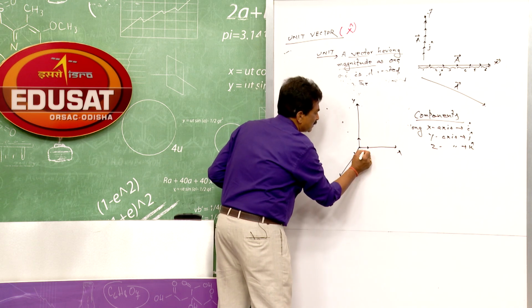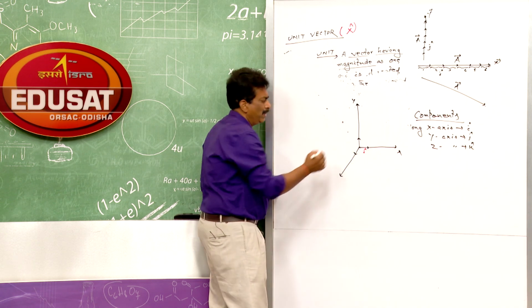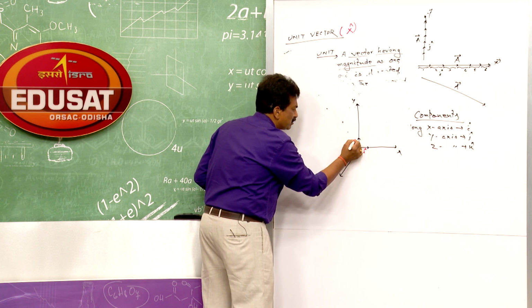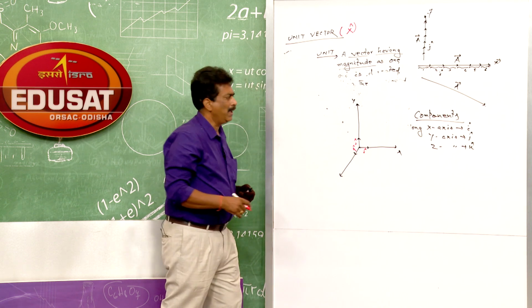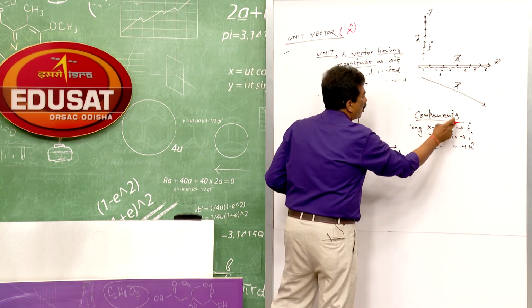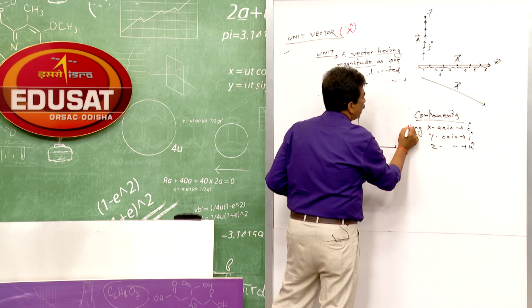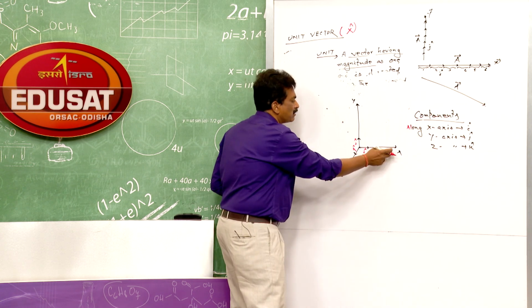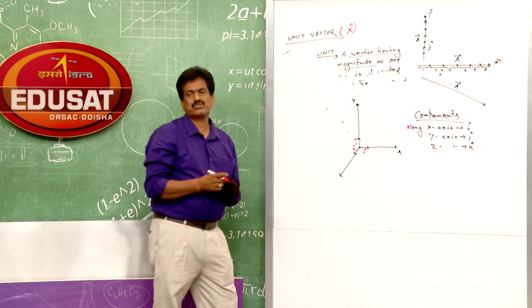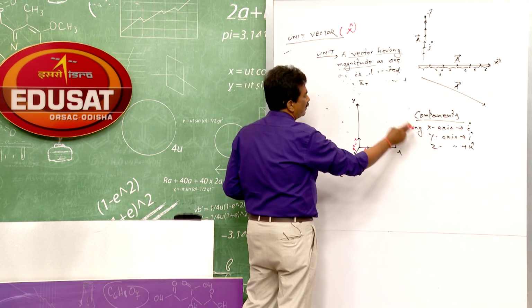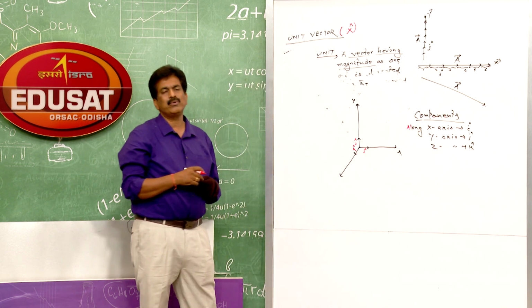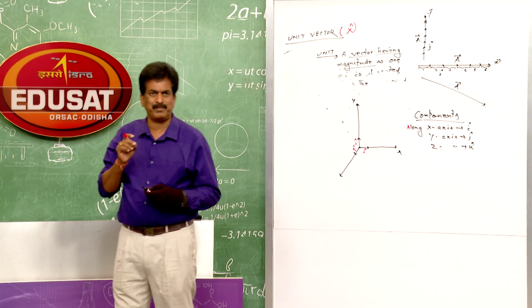Along the x axis, it is i cap. Along the y axis, it is j cap. Along the z axis, it is k cap, and they are known as the components along that axis. These x, y, z are called Cartesian axes.